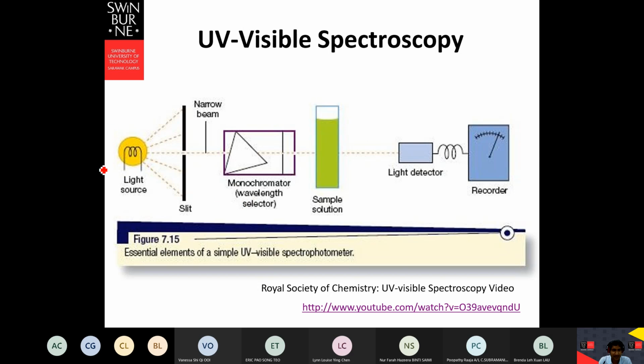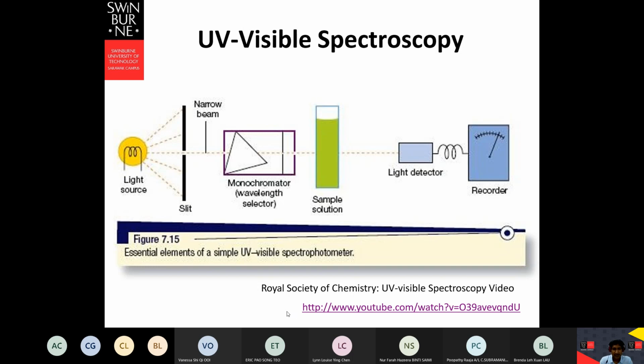The light source produces a very wide range of wavelengths, but with the help of the monochromator, we can select what wavelength or range of wavelengths to use for detecting our sample.